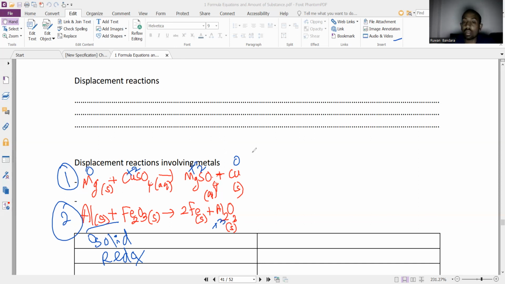Should we write this in the table? Just write the two reactions first, with the state symbols. After the reactions are over, should we write in this table solid and redox? If you are done writing the reactions, write down similarities.